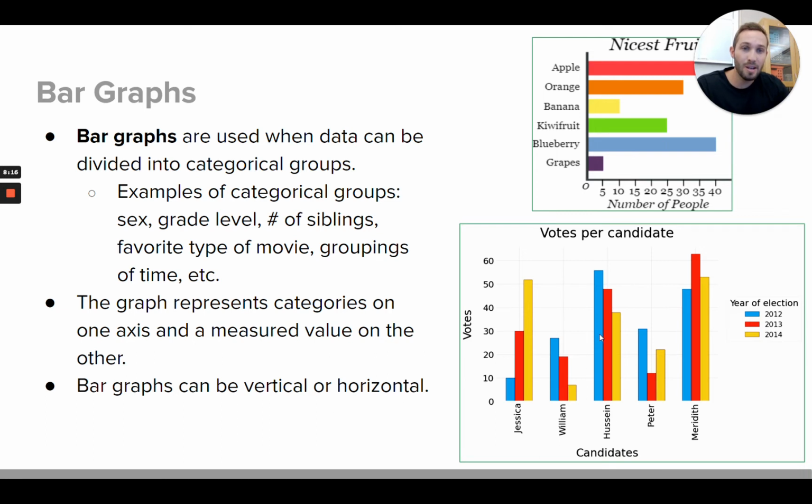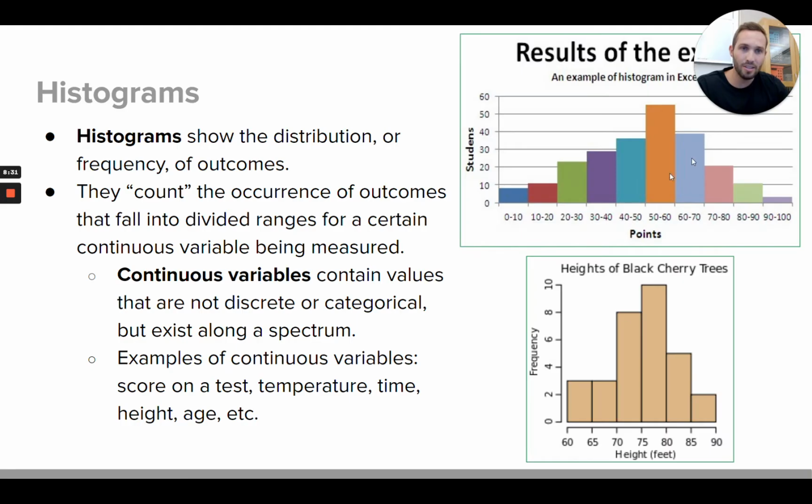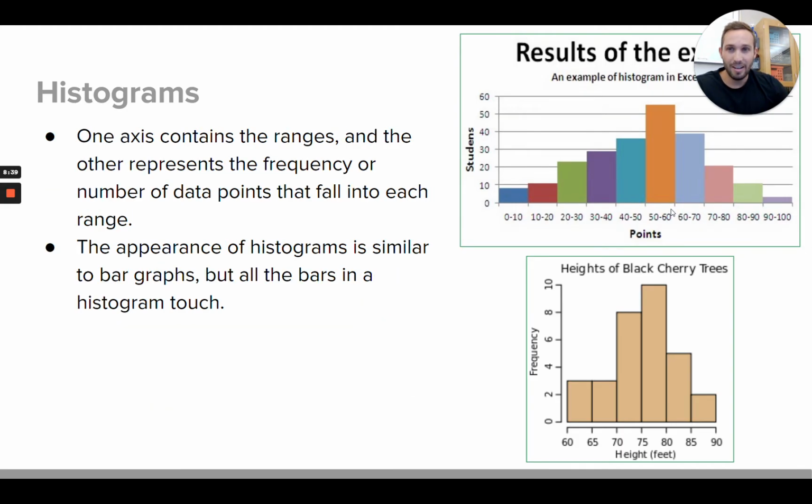Now there could be some touching, because for this person, they're looking at different years. So sometimes you'll see bars touching in a bar graph, but you're going to see somewhere in the bar graph that there is spacing between these different categories that you're looking at. Whereas in a histogram, there's not going to be those gaps. So that's the difference between the two. Hopefully that makes sense.